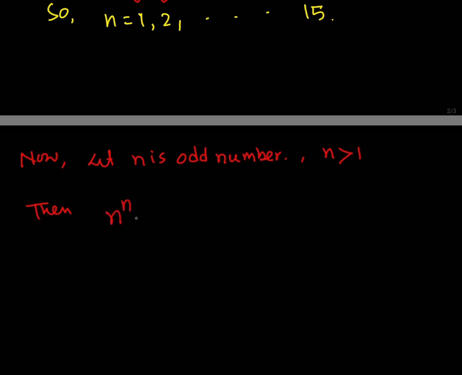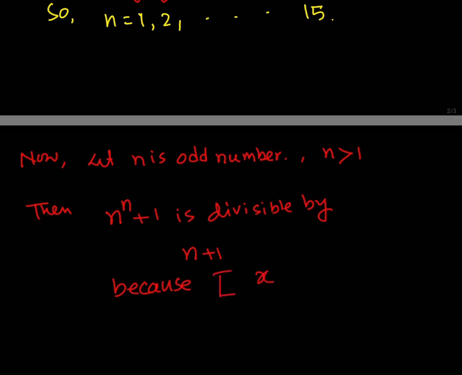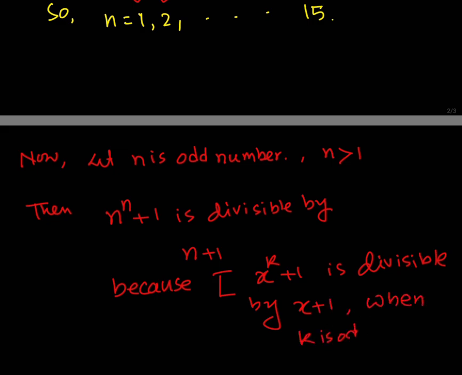Then n to the power n plus 1 is divisible by n plus 1, because we know that x to the power k plus 1 is divisible by x plus 1 when k is odd.